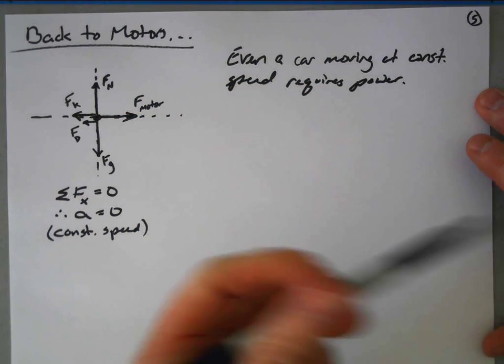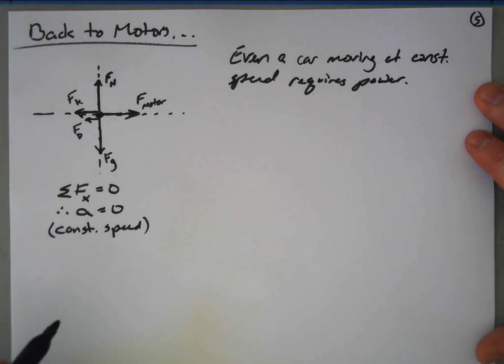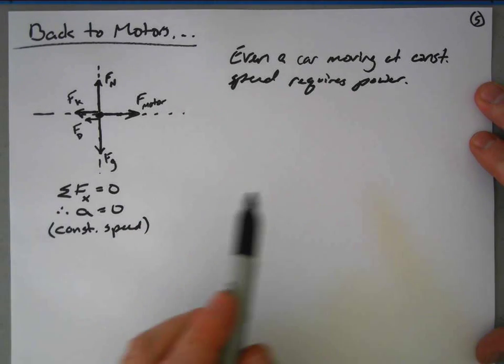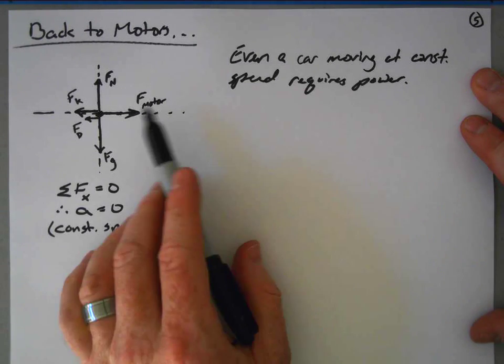The motor must apply this force in order to make our constant speed happen, even though nothing unusual is taking place. Now this force is in the direction of travel.